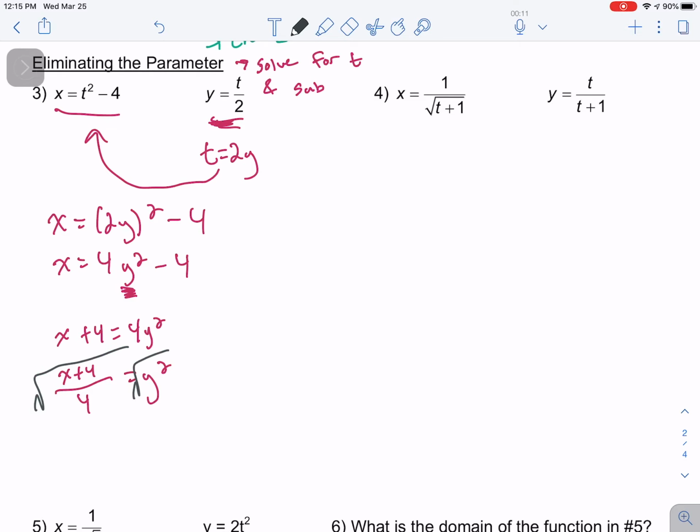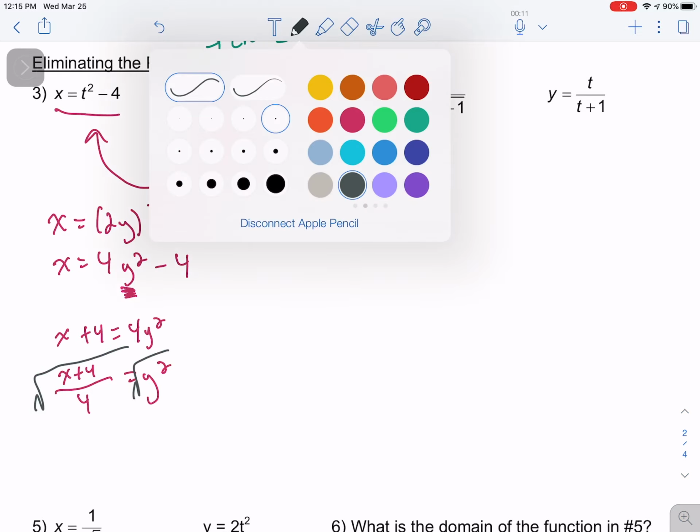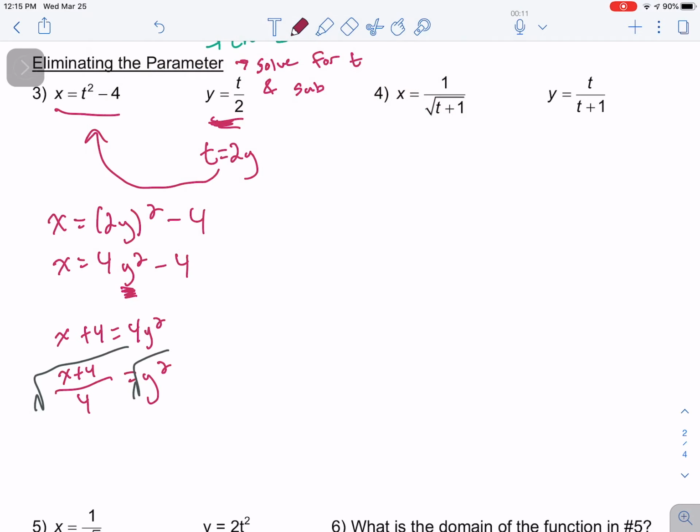Anytime you take the square root of a squared, it's going to give you a plus or minus. So we're going to go ahead and do that right here. So plus or minus square root of x plus 4 all over 4, and that's going to equal y. Okay, so this equation right here is the same thing as these two combined.